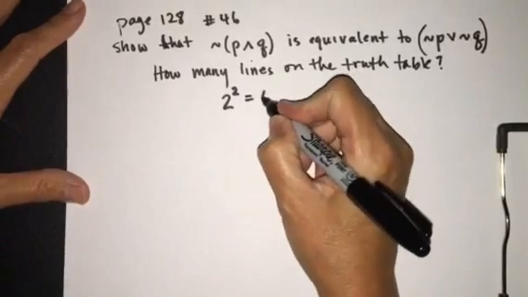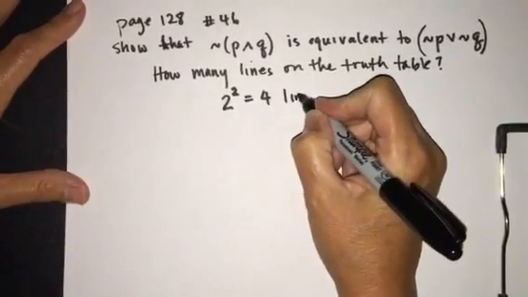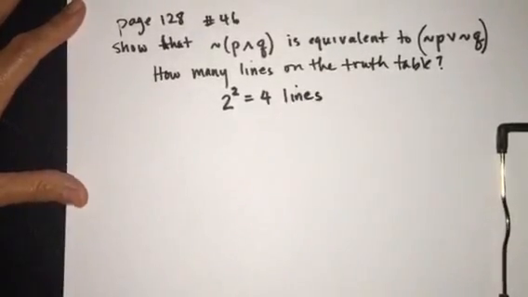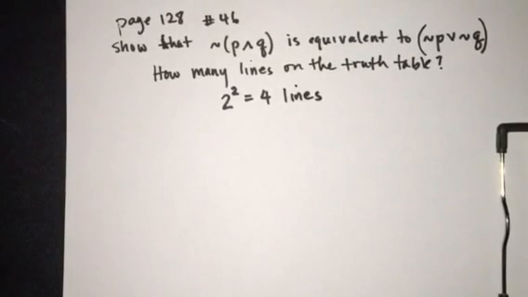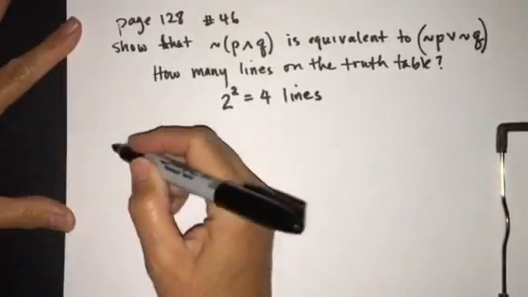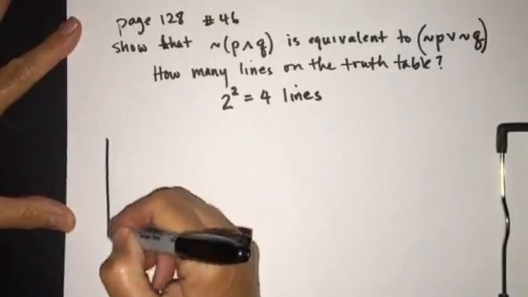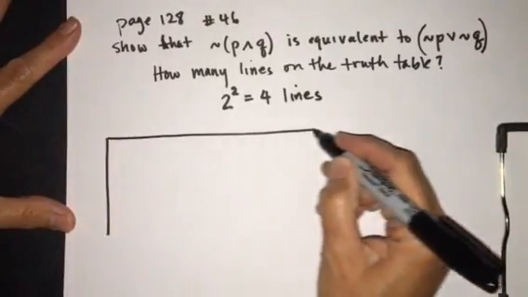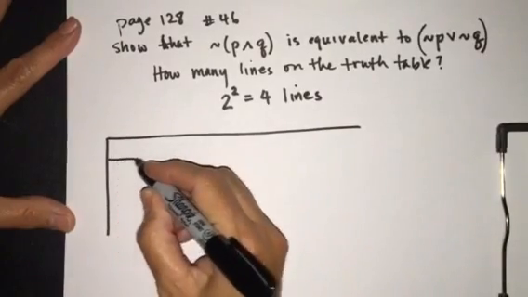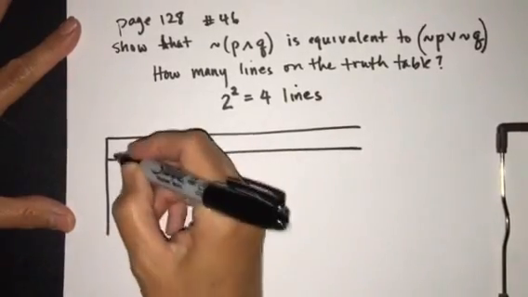The power indicates how many statements there are. So 2 to the second power gives me 4 lines. To set this up, I'll start it off my usual way, keeping the right side open.